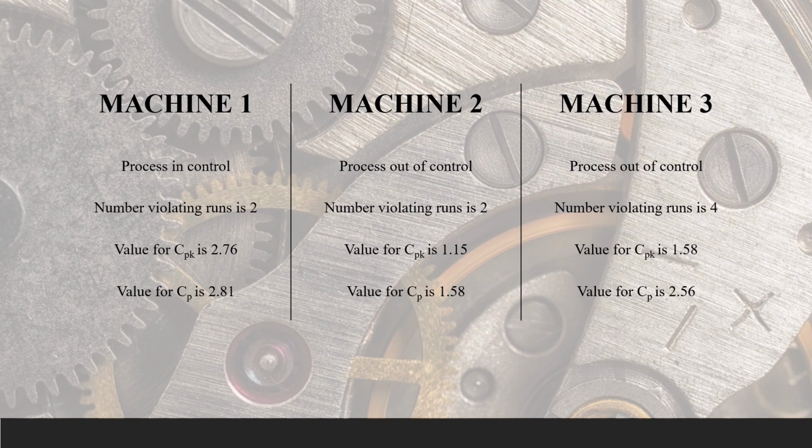And for the number of violating runs, machine 1 and 2 are the same at 2, and machine 3 has 4 violating runs. As for the values for CPK and CP, machine 1 is 2.76 and 2.81 respectively. Machine 2 is 1.15 and 1.58 respectively. And lastly, machine 3 is 1.58 and 2.56 respectively.